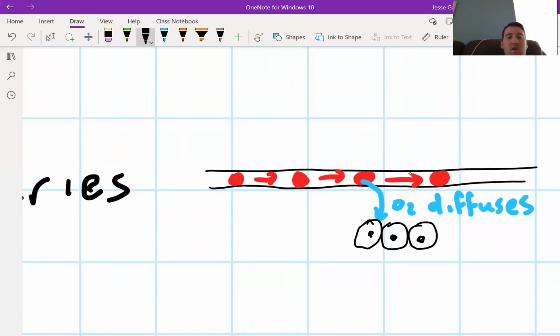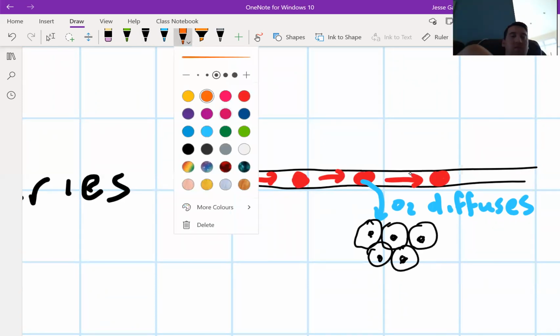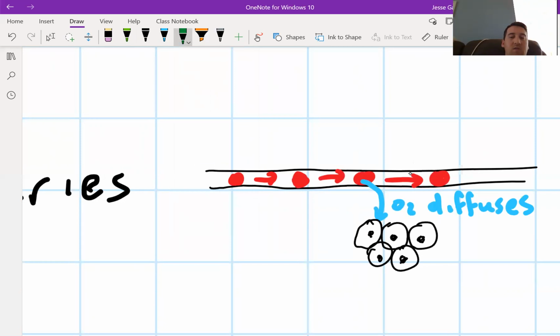So every organ in the body where there's loads of cells that are waiting for oxygen has loads of little capillaries that flow through them. And the capillaries allow the red blood cells to flow past really close to the cells, and the oxygen and the glucose are able to diffuse. So oxygen diffuses and glucose diffuses.